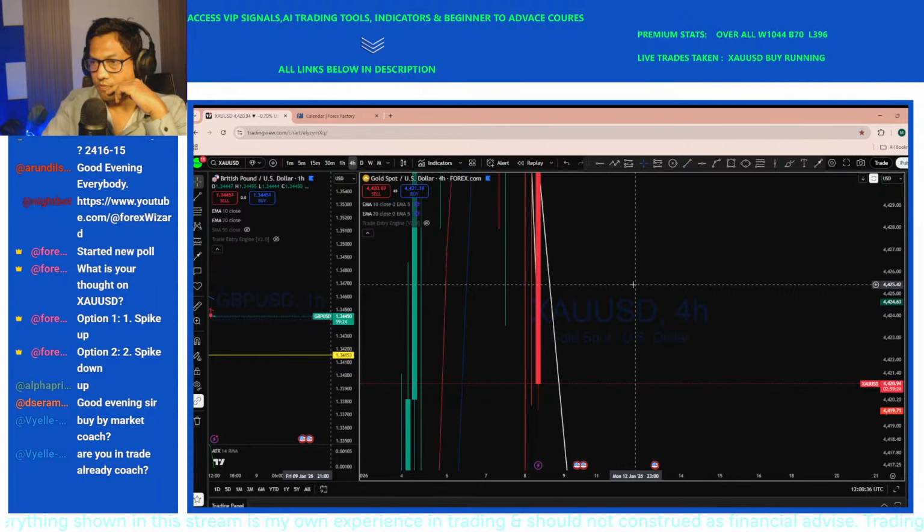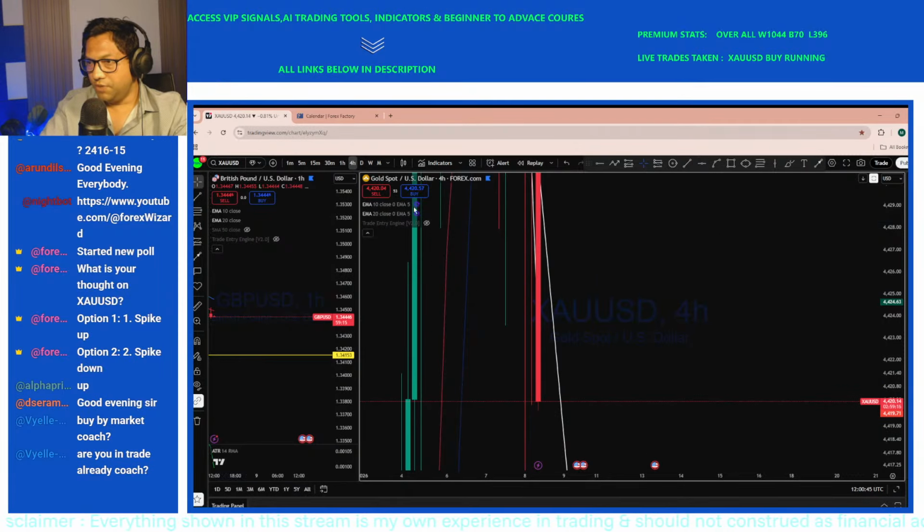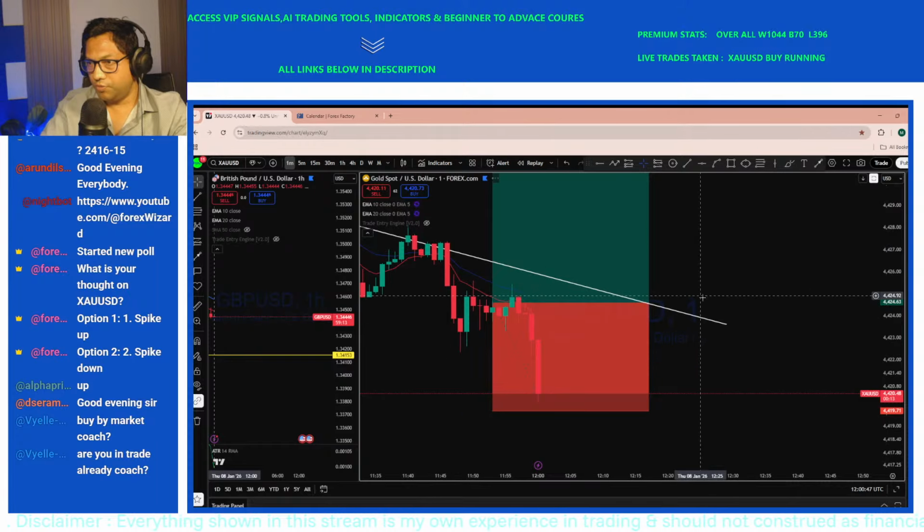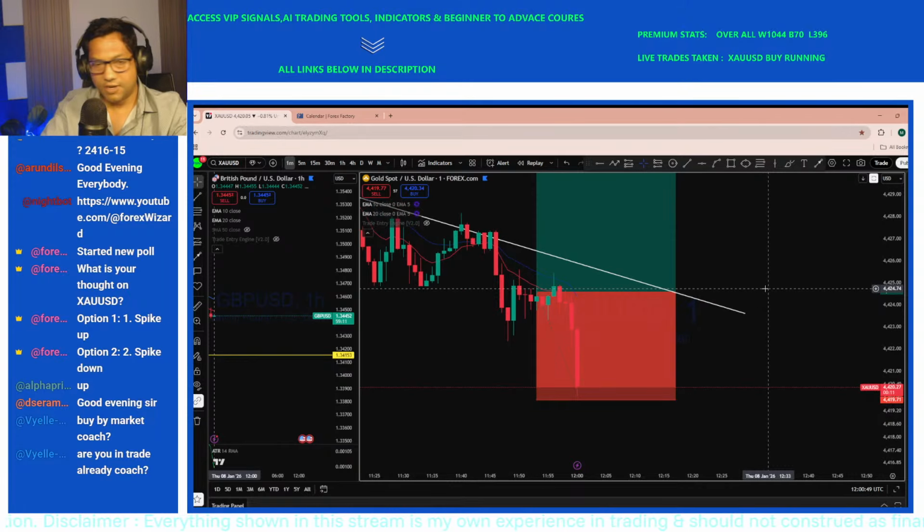for our perspective, if it breaks below, we might be going out of the trade. Still on the trade, might get out.